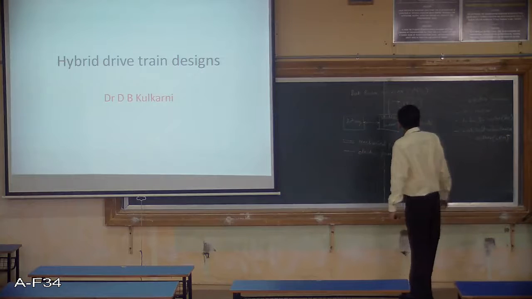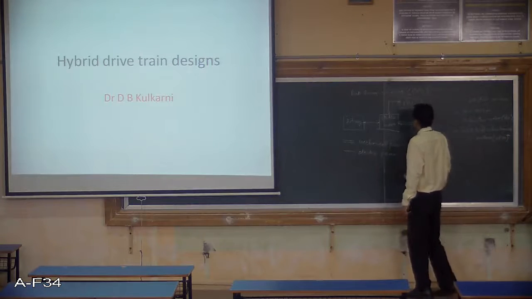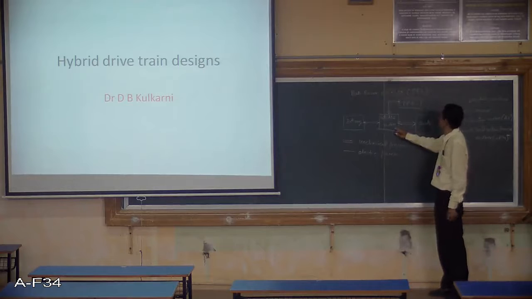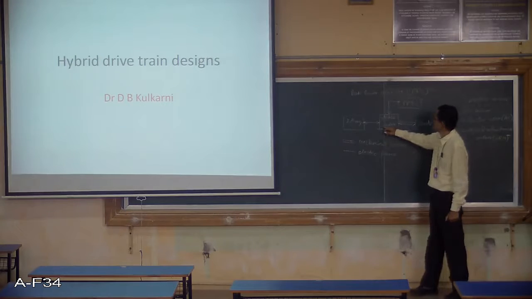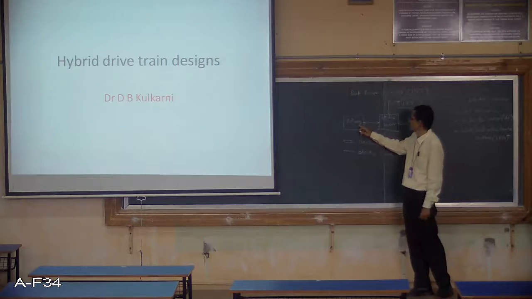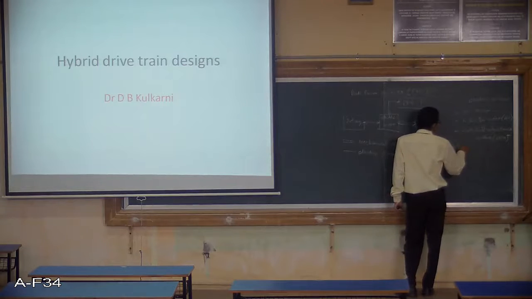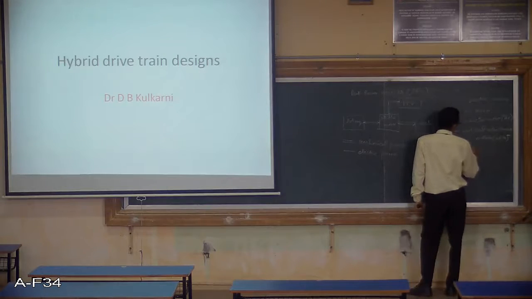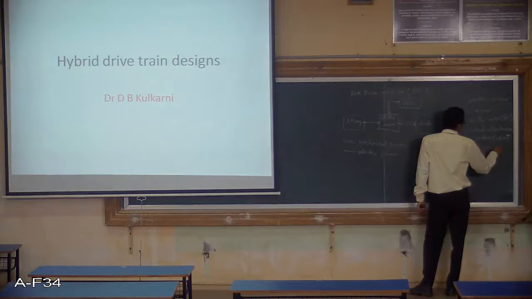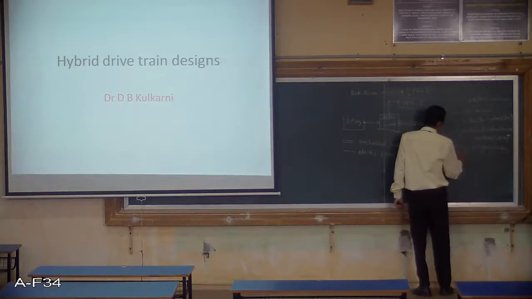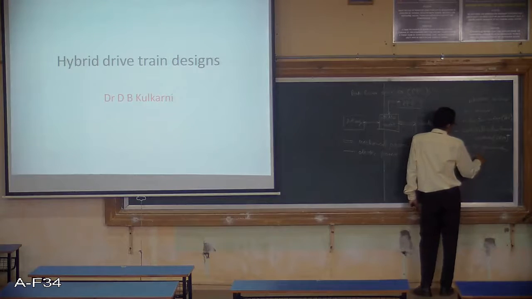So the motor can be any of these categories, and this motor is driven by a battery, or this could be a generator. A battery or generator drives the motor.